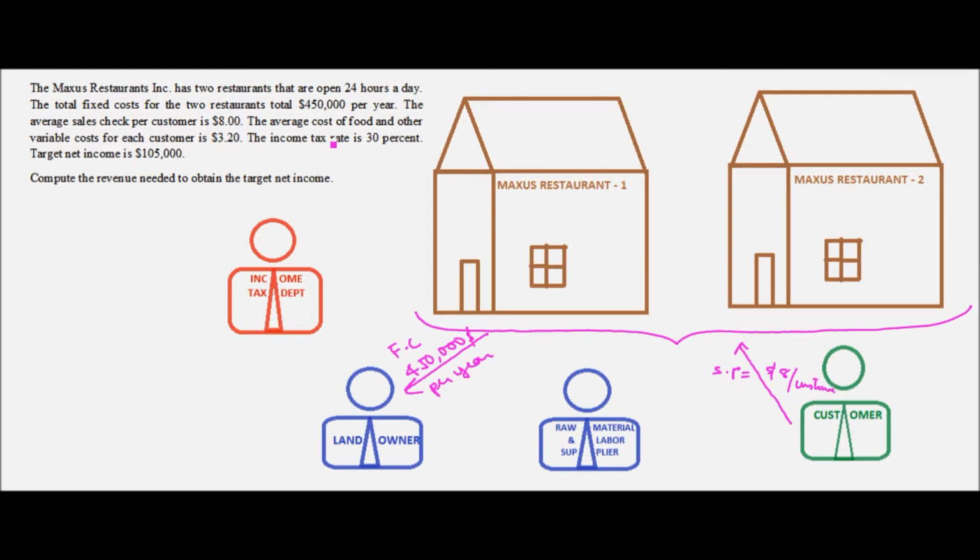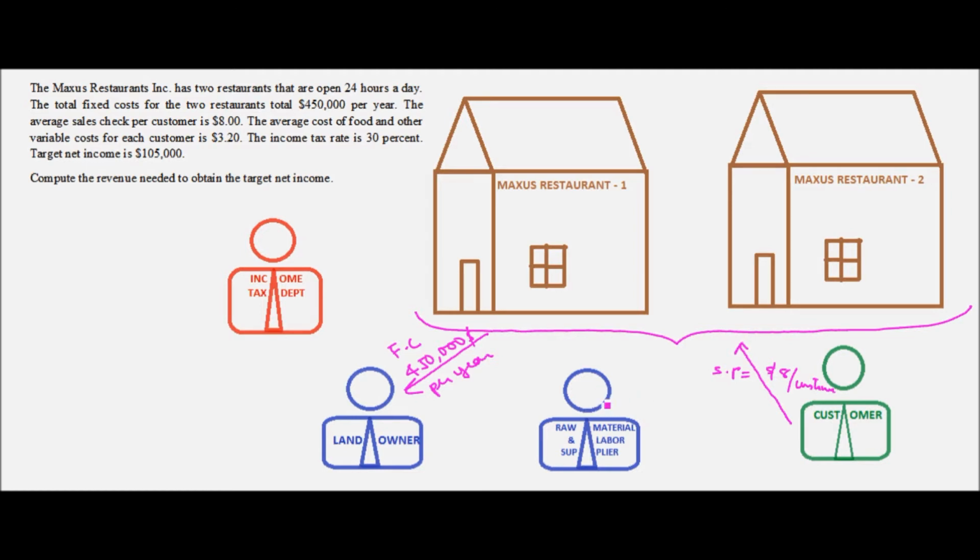The average cost of food and other variable cost for each customer is $3.2. So the food which Maxis Restaurant is selling is made out of the raw food material that it is purchasing from the suppliers. So overall, the variable cost for each customer is $3.2.